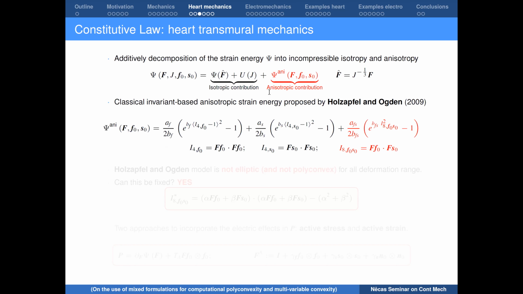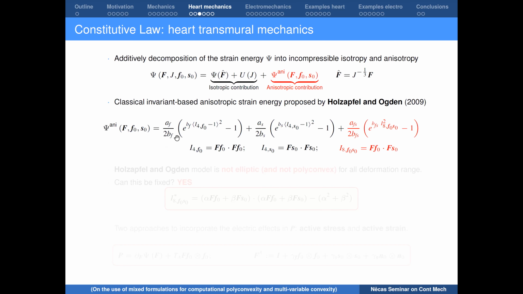A classical invariant-based energy that is typically used was introduced by Holzapfel and Ogden, and by other authors subsequently, which is presented here. The isotropic contribution, I don't need to include it. It could be a Neo-Hookean type, a Mooney-Rivlin type, a Ciarlet type, so many possibilities. Regarding the anisotropic, the typical way to do it is we have one term.